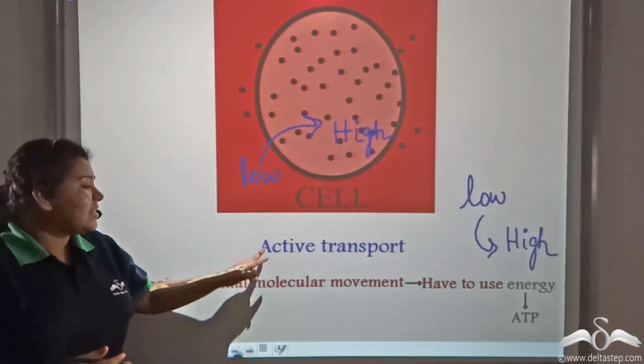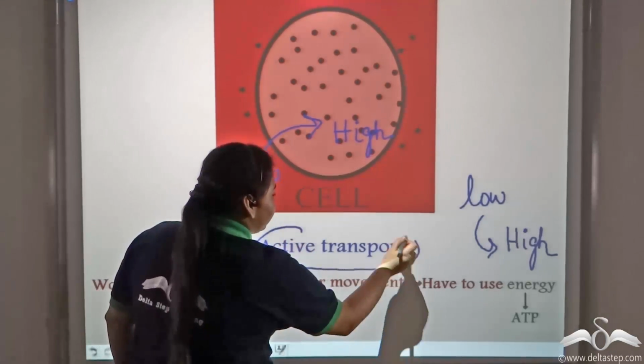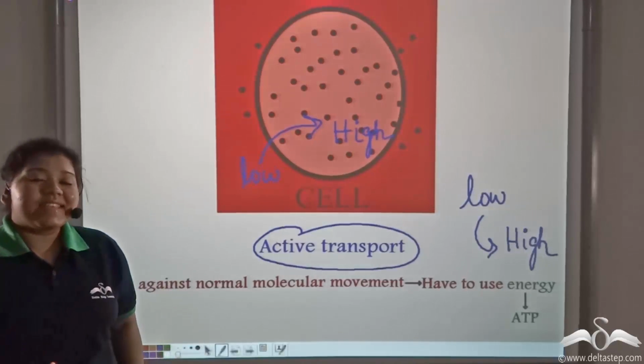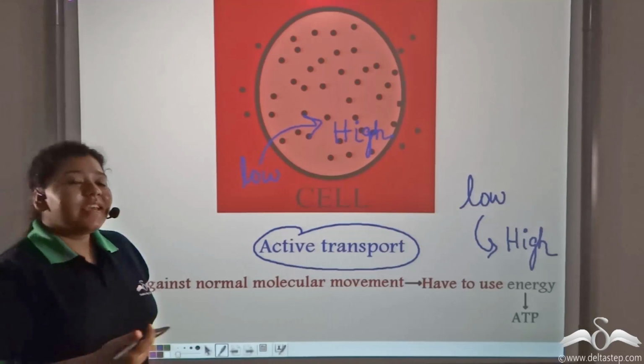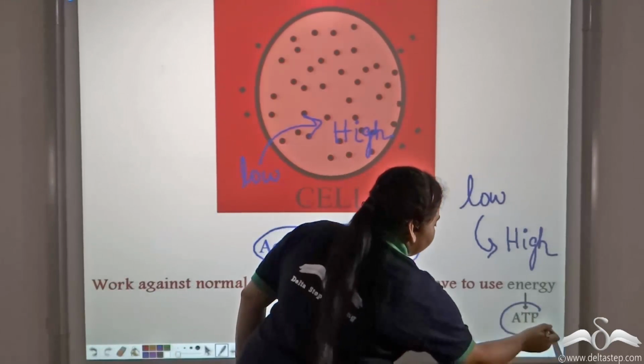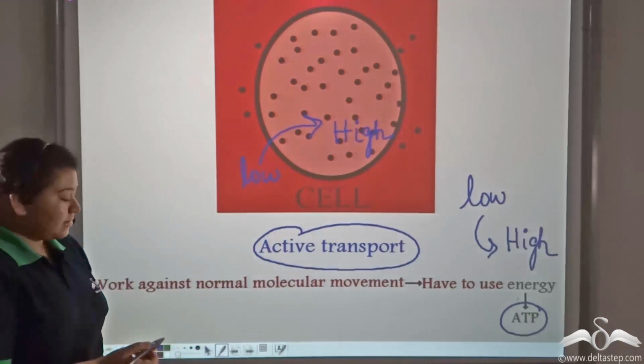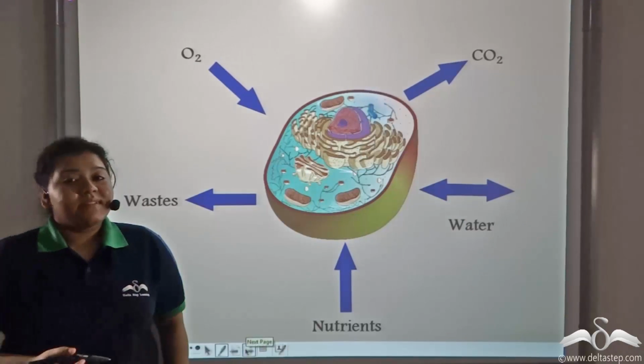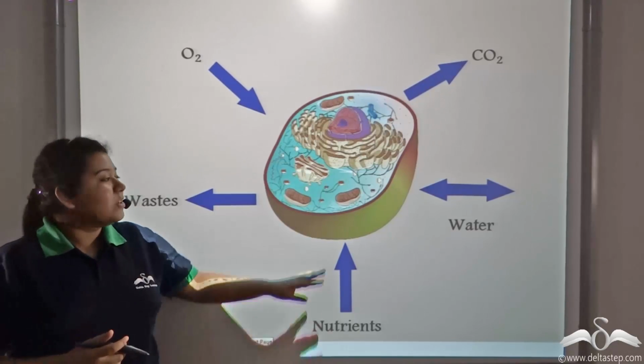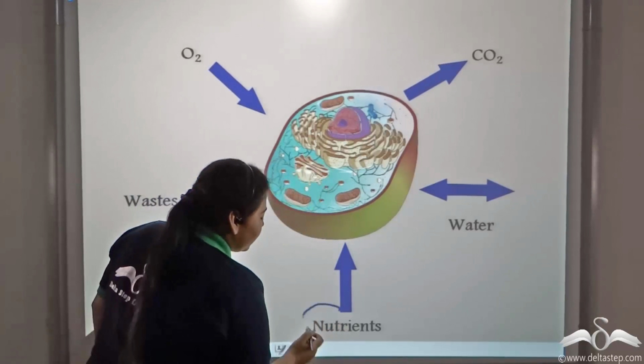This is known as active transport, and for this, energy is required in the form of ATP. So through active transport, cells take up nutrients.